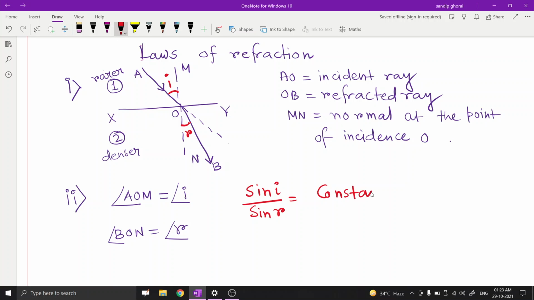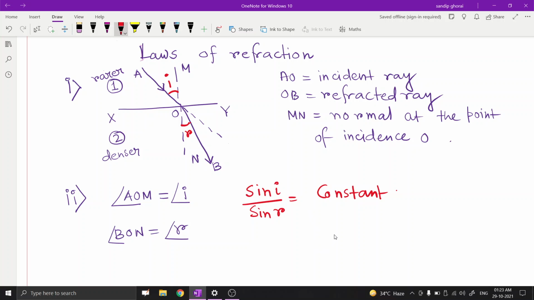So we can say the ratio of the sine of the angle of incidence to the sine of the angle of refraction is constant.